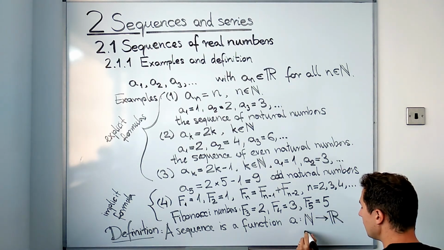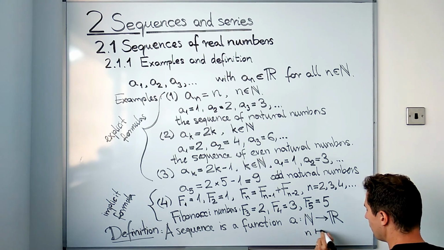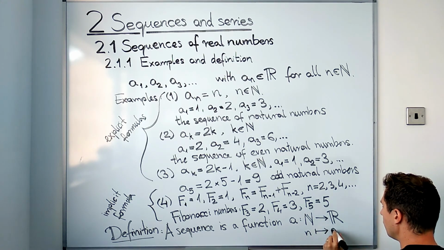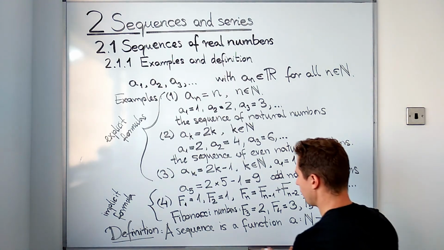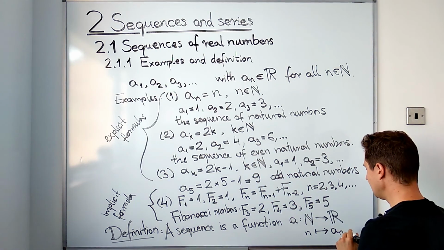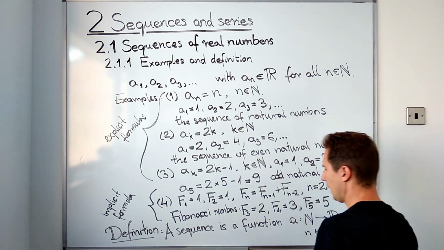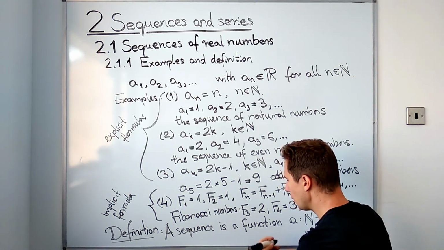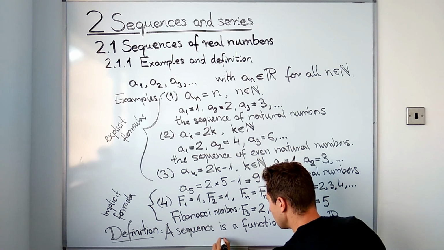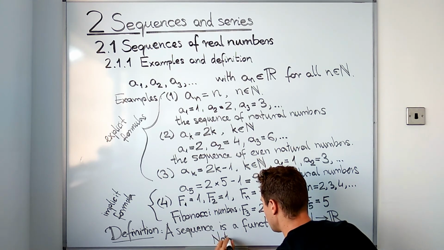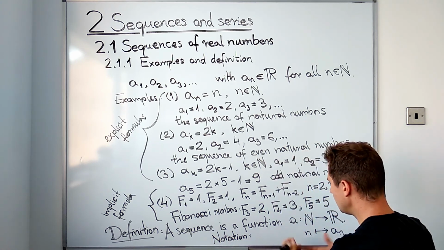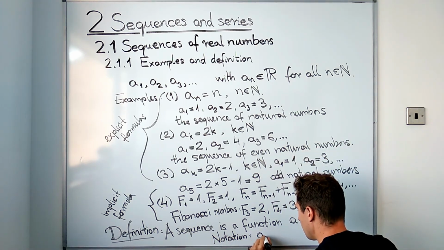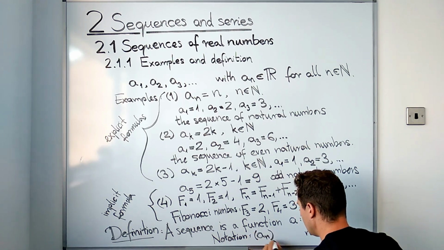So this really means that we take each natural number and map it to some real number an. This is how we can precisely define what we mean by a sequence of real numbers. And if we want to denote the entire sequence, this is our notation: we use an in brackets.